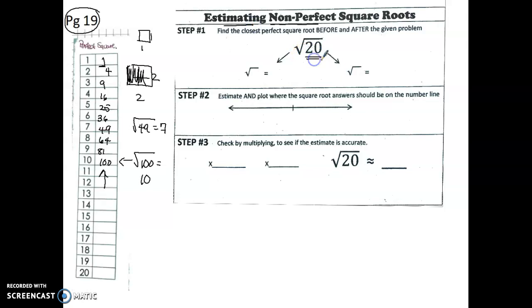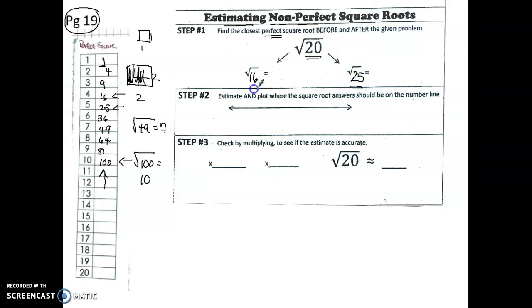When you're looking at the square root of 20, you want to go back to that list on page 19 and look for the two perfect squares it falls between. Looking at my list, 20 is less than 25, but it's bigger than 16. That means the square root of 20 must lie between the square root of 16 and the square root of 25.